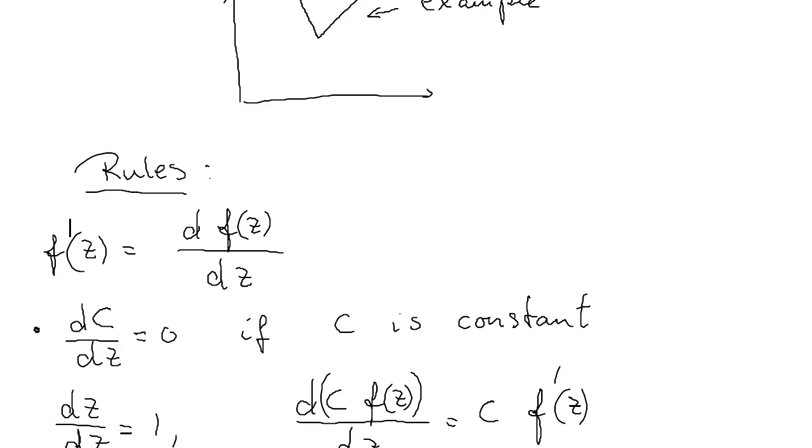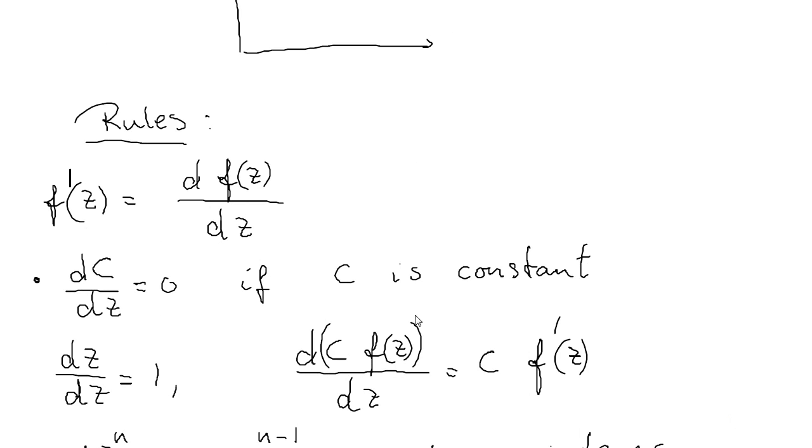We are going to consider some rules for the derivative. If we use this symbol for the derivative of f at the point z, this is often used, df of z over dz. Then we have that the derivative of a constant is always 0.